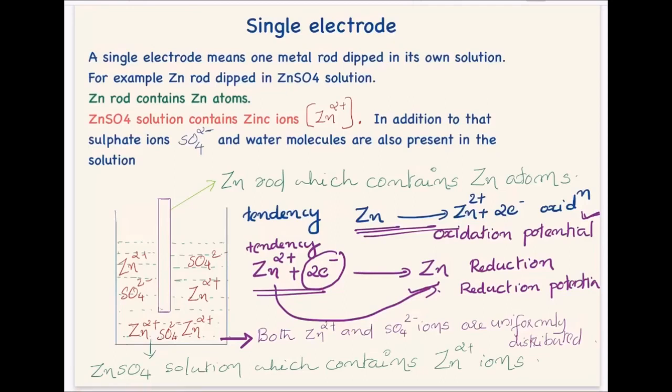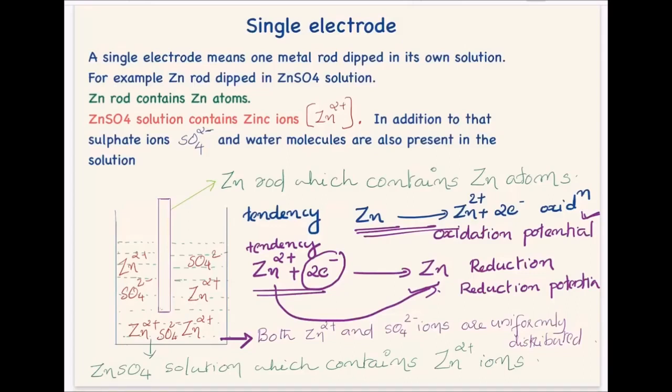We call this the zinc rod. If you dip it in zinc sulfate solution, there won't be any change. And if there is no change in a chemical reaction, we say it is at equilibrium. So here, no change in the concentration of zinc ions, no change in the number of atoms of zinc.